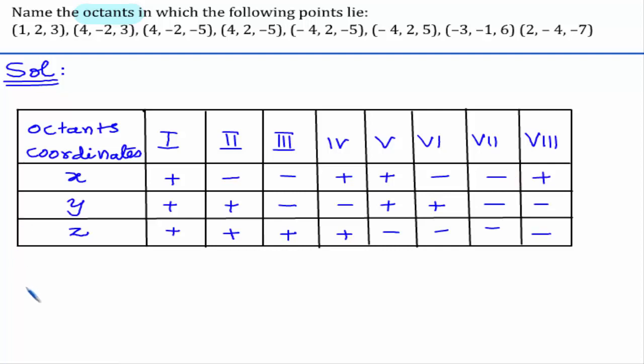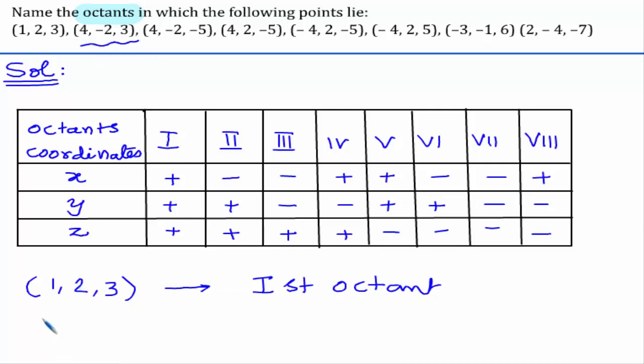Let us see the points now. First point is (1, 2, 3). As all three coordinates are positive, therefore it lies in the first octant. And the second one is (4, -2, 3).